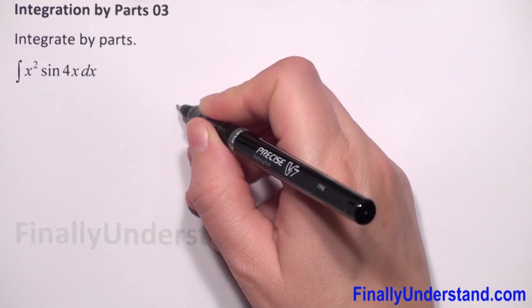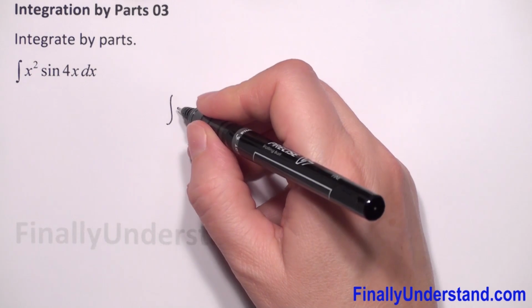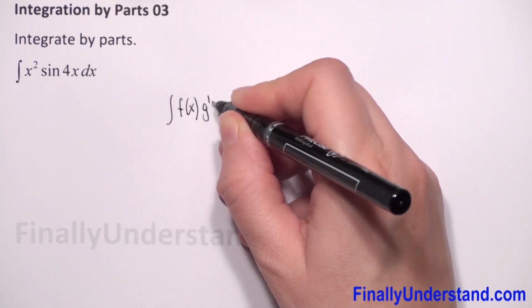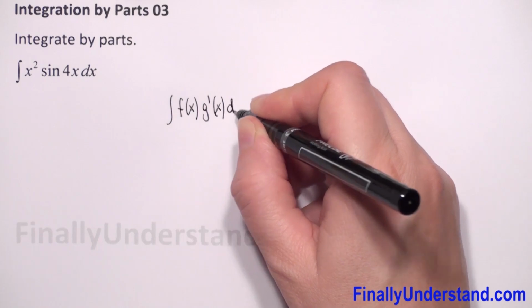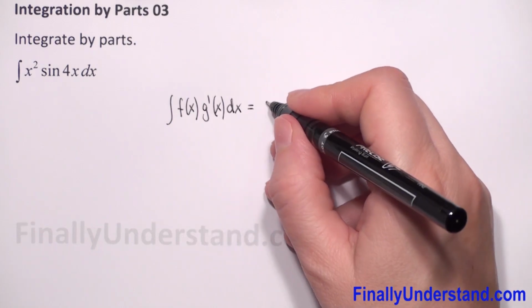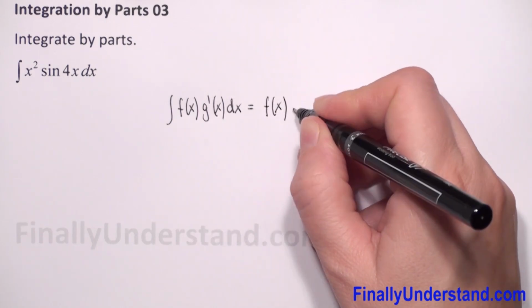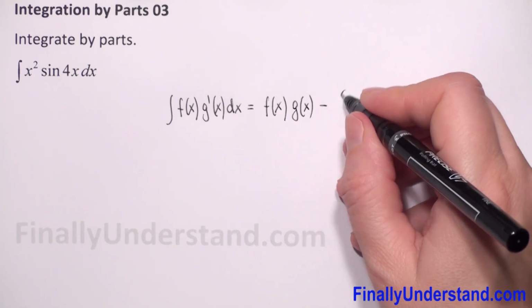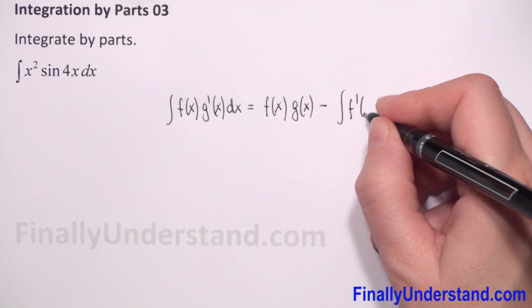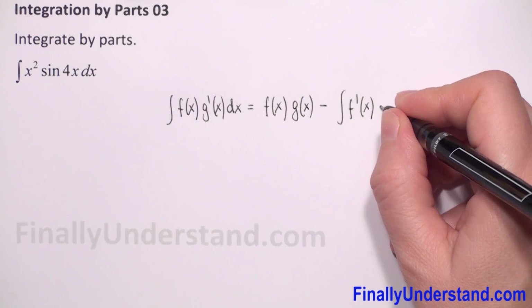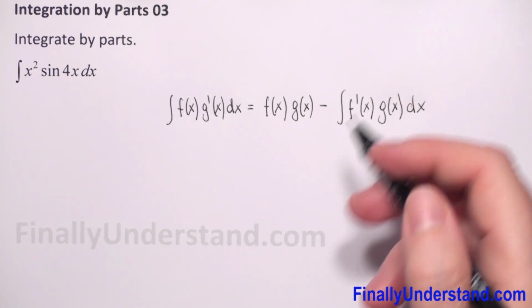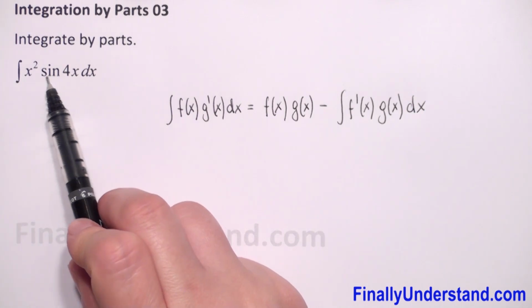First, let me remind you the formula for integration by parts. When we have the integral of the product f of x times g prime of x dx, this is equal to f of x times g of x minus the integral of f prime of x times g of x with respect to x. We have a product here.